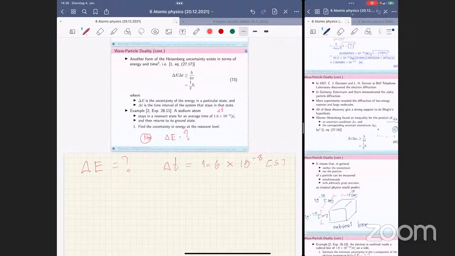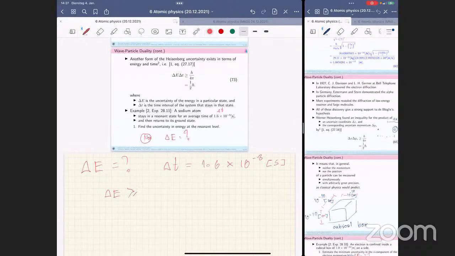The unit is already in the SI system, second, right? Once we want to know delta E, we have to move the second term delta T to the right-hand side. So delta E will be, oh no, not equal to, I'm stupid, will be greater than, not less than this. The precision is not less than this.